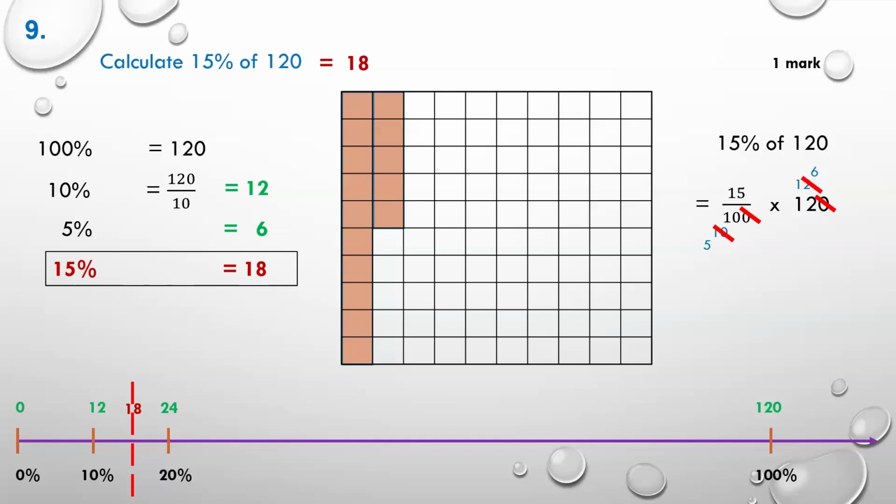We can form groups of 5 from 5, and we can form groups of 5 from 15. So 5 into 15, that's 1. We got 1 group of 5. And how many 5s can we get in 15? 3 groups. So we're left with 3 times 6. And of course, the answer is 18. So many different ways, and there are so many more ways we can show this.